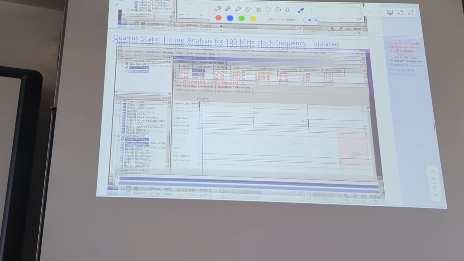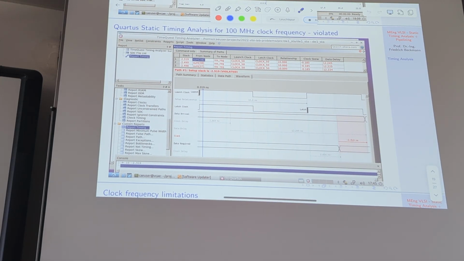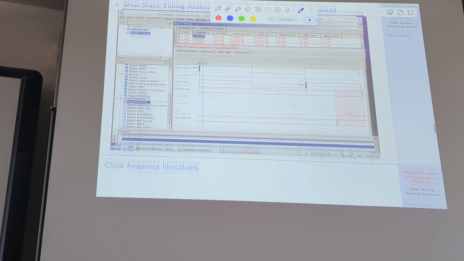But when you increase clock frequency, then you miss that, so you don't have 20 nanoseconds, now you just have 10 nanoseconds, but you miss it by 2.5 nanoseconds this period. So you can't run this with 100 megahertz, at least under worst case conditions.